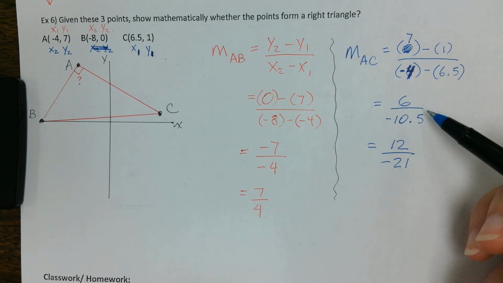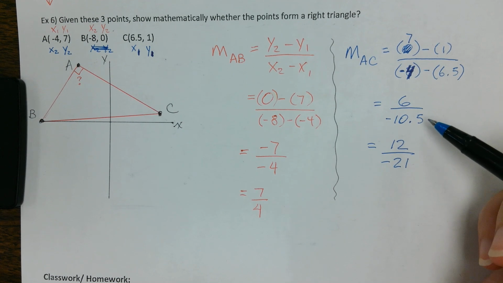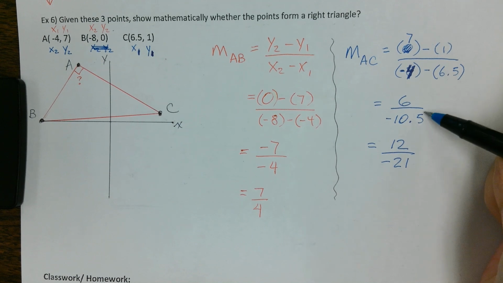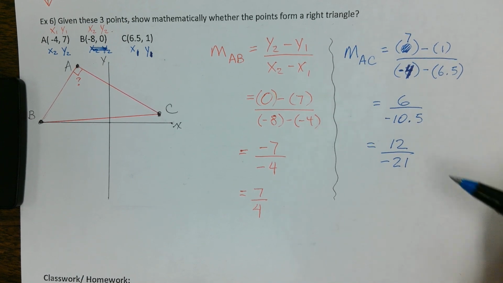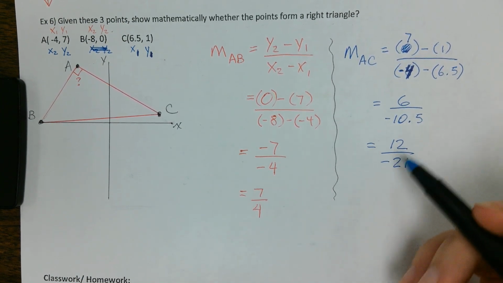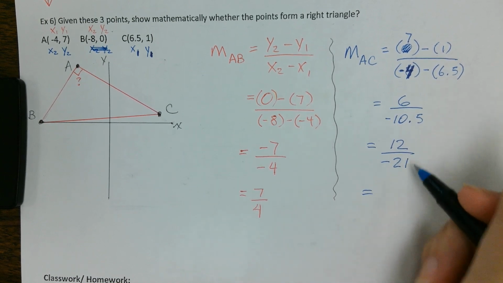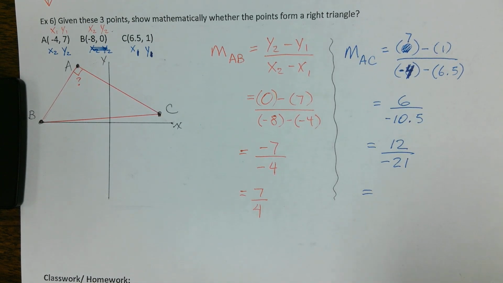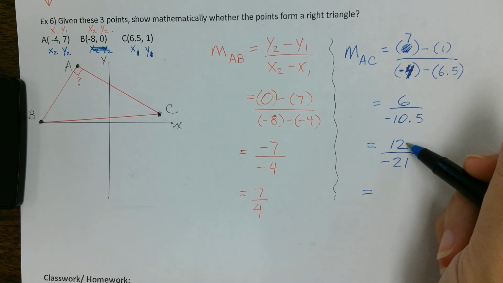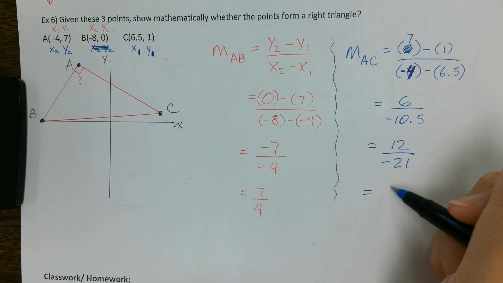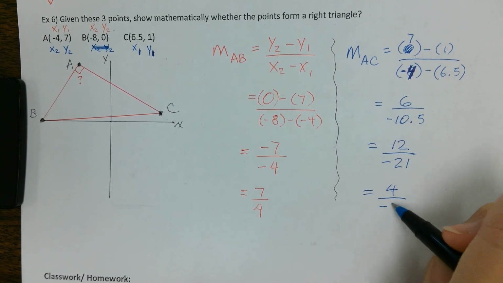This is a bad example because I used decimals in my coordinate, so that's why I changed it by doubling both the numerator and denominator. But can I reduce this? Yes, 3 goes into both 12 and 21. So 12 divided by 3 is 4, and negative 7.